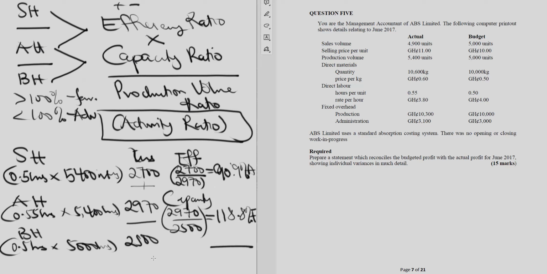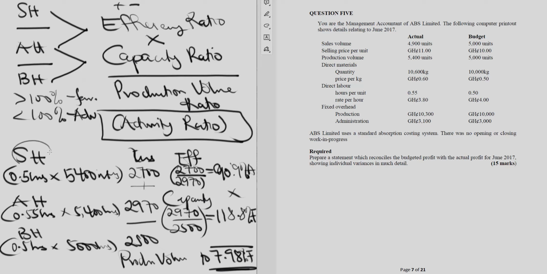Now, when you multiply these two, you should get your production volume or your capacity. Very straightforward. So this by this must give us that. So we have this by our 90.9, you have 107.98% favorable, just like we did.